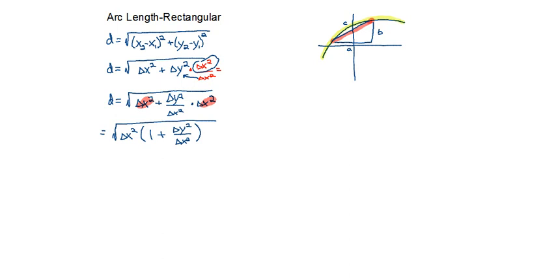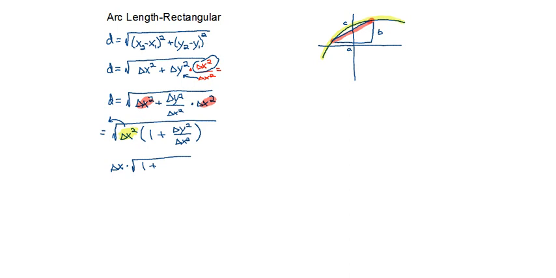So let's see here. This allows me to do a couple of things. First, because the change in x squared is multiplying those parentheses, I can actually take the square root of that individually and bring this outside of the square root. So when you take a square root of that square, they disappear, and so you have change in x times what's left over inside the square root, 1 plus delta y squared over delta x squared.